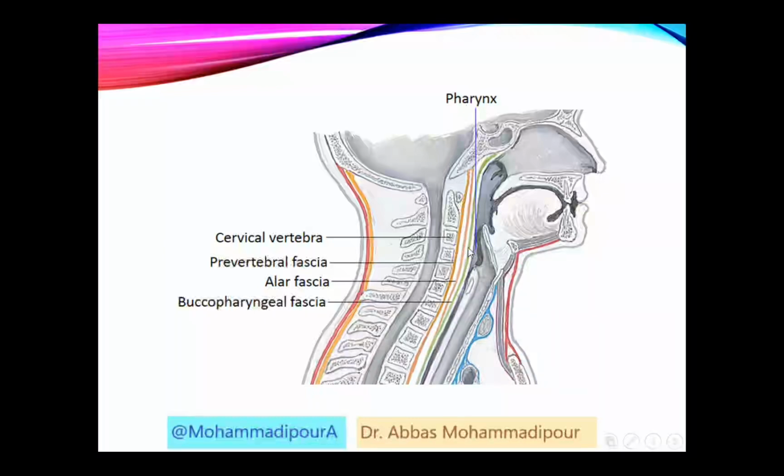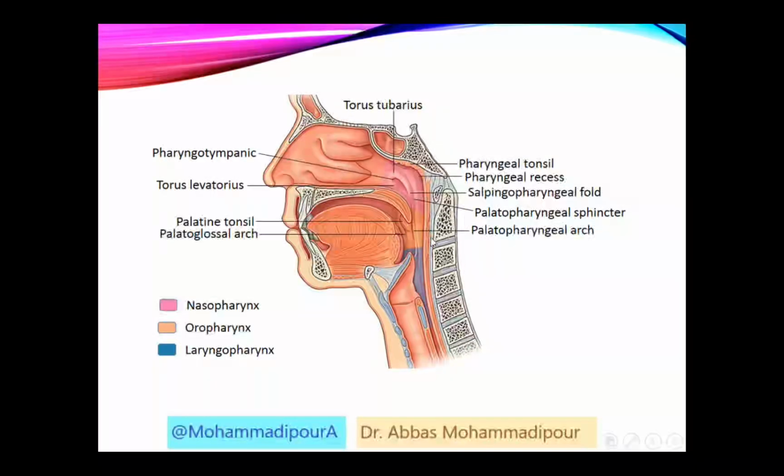All these mentioned structures are here, right, between the pharynx and vertebral column. In other words, the pharynx is located in front of these structures, and as you see, it's situated behind the nasal cavity, the oral cavity, and the laryngeal cavity.